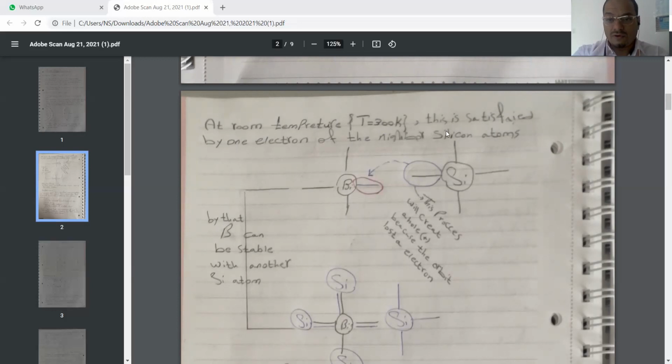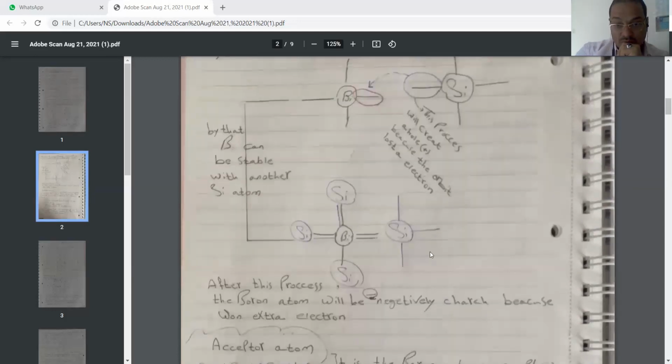Here, the 4 legs are silicon, here 3 legs are boron. Boron will take 1 electron from the silicon atom to reach the satisfied situation, to reach this figure.